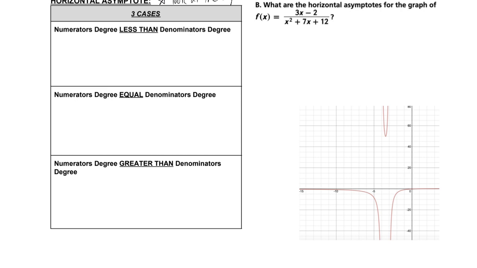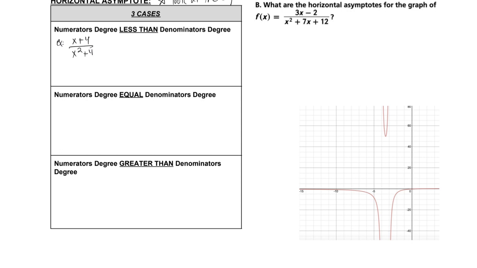Okay, so for the first one, if the numerator degree is less than the denominator, for example, say we have x plus 4 over x squared plus 4, right? Our degree in the denominator is bigger than our degree in our numerator. So the numerator's degree is less than the denominator's degree.